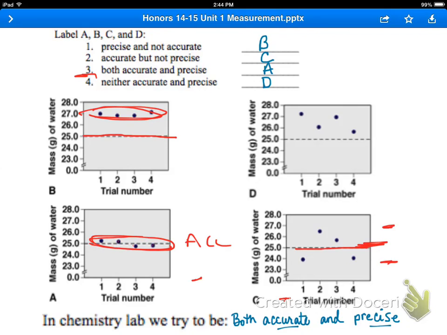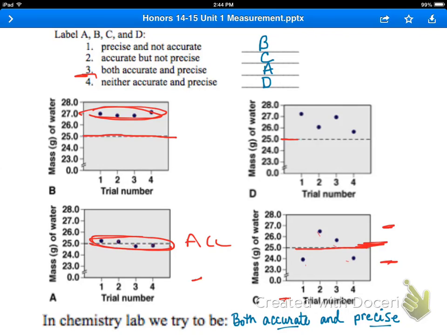So we might report the average and say our results are accurate, even though each value is not all that close. And because my data is so scattered, it is clearly not precise. Most people would end up calling this accurate and not precise.